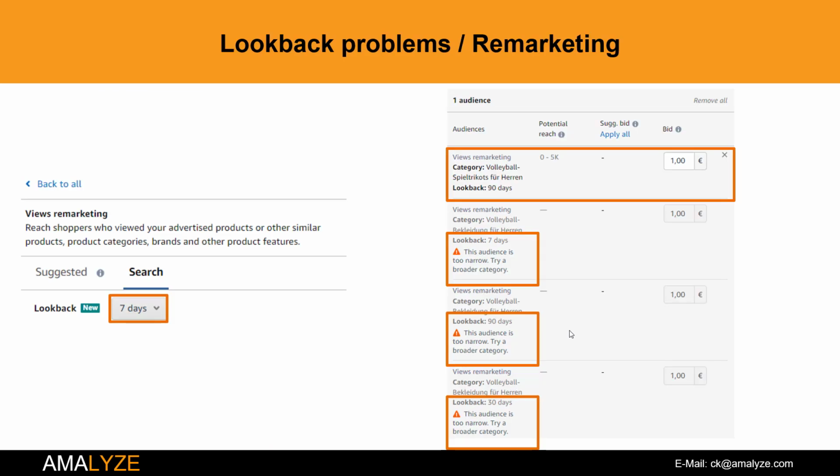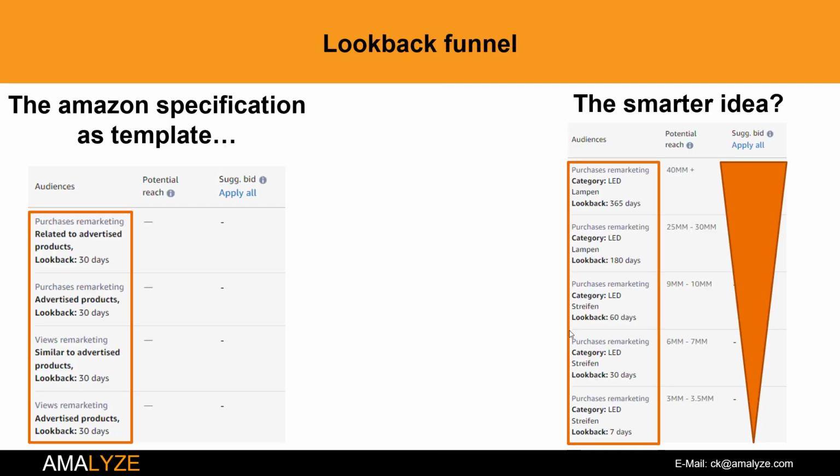But there is a little problem with it. Not all views remarketing, for example, have data for that. Even if it comes to 90 days or 30 days or so, you have to find a different solution for that. Not everything is advertisable at the end.